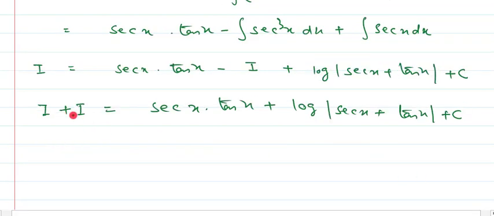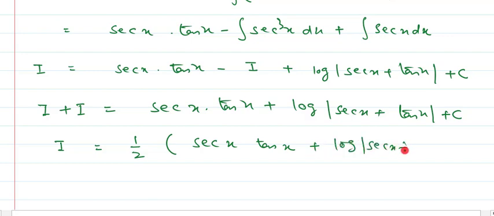So therefore after addition you are getting 2I, but we need only I. So take this 2 to the right hand side in division, and your final answer is 1 by 2 into secant x tan x plus log secant x plus tan x plus c. So this is the way to calculate the integration of secant cube x. Similarly, you can calculate the integration of cosecant cube x.